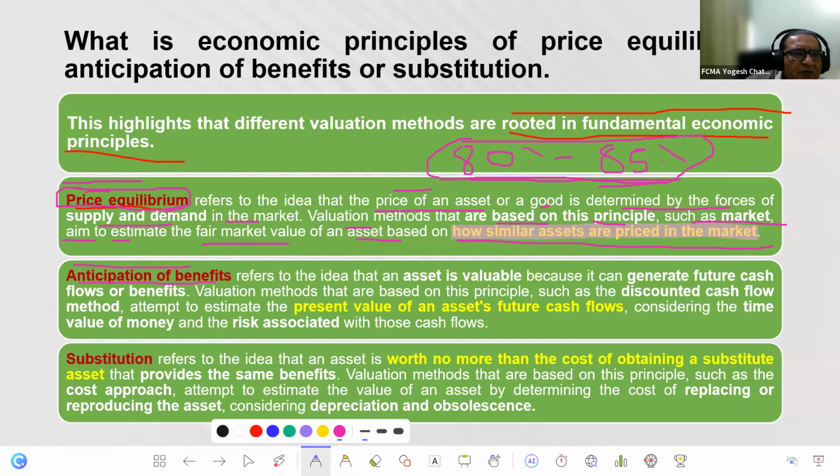Those resources which are capable of generating future economic benefit, we recognize as the assets of the owner, like land and building, plant and machinery. Why does a business make investments? For the purpose of generating revenue in the future.